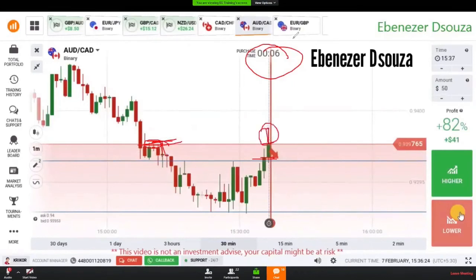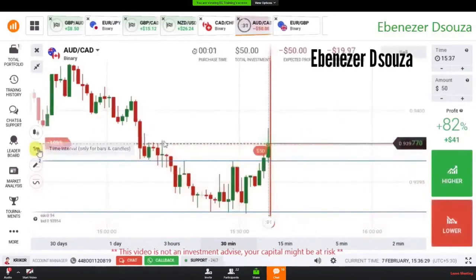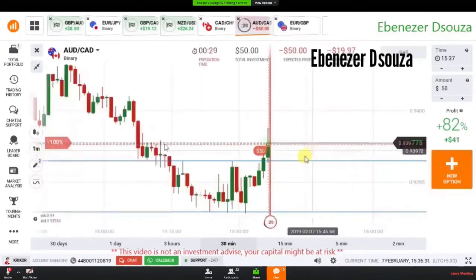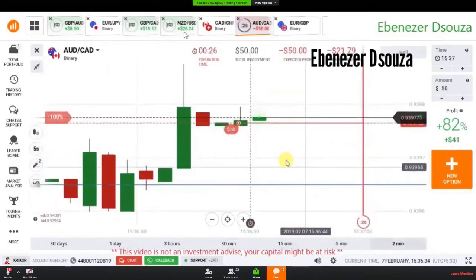So I thought it may be a confirmation candle. That's why I placed my trade directly, because I'm seeing a breakout candlestick and there is a selling pressure too. There is a seller's area too. Yeah, that's why I placed my trade here.